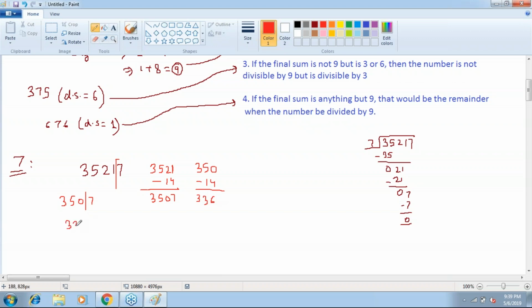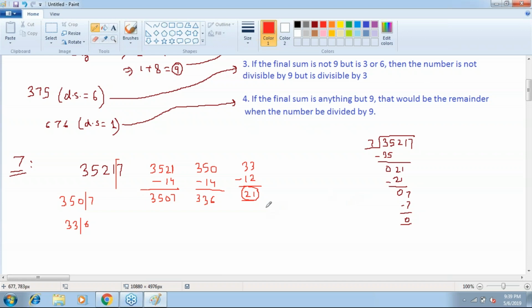From the remaining number 336, detach 6 and subtract the double of 6. What do you get? 21. And then check if 21 is divisible by 7. If it is, the answer is yes. If it is not, the answer is no.